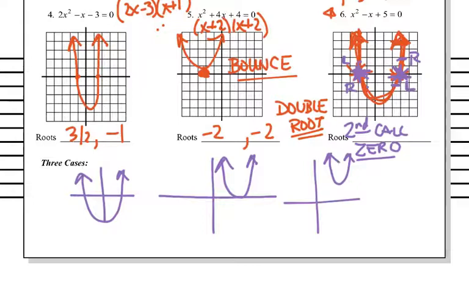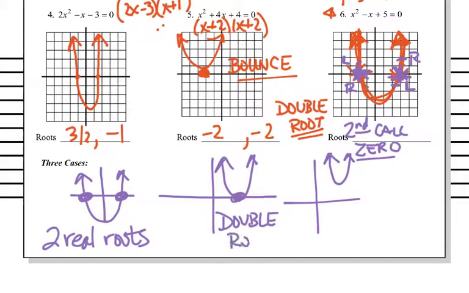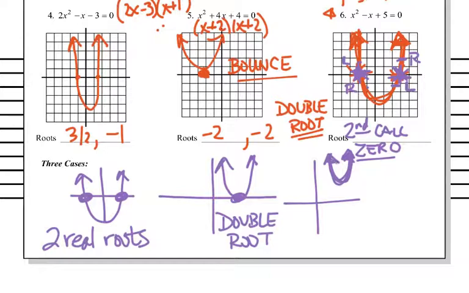So most of what happens is you get 2 real roots where it crosses the x-axis twice. Sometimes, like in number 5, you get what's called a double root. It's still 2 roots, it's just the same root twice. Sometimes, and I'm wondering if that happened in number 6, it just floats. And if you have one that just floats, this has no real roots.